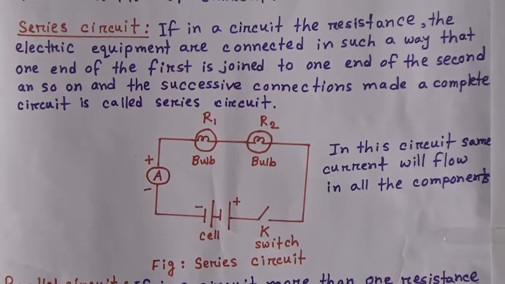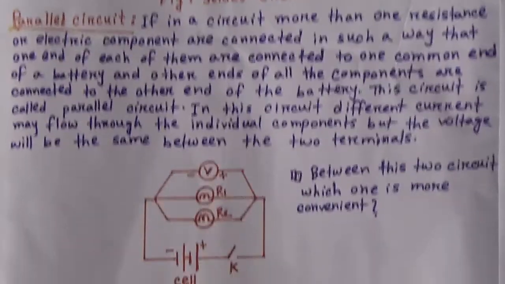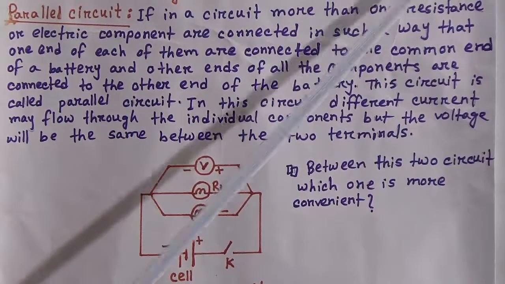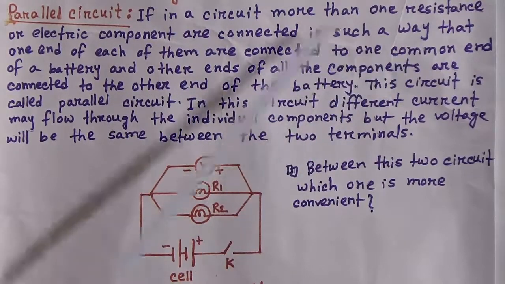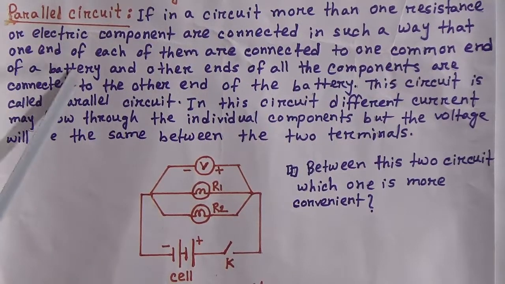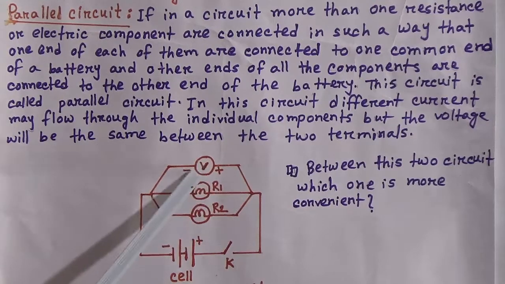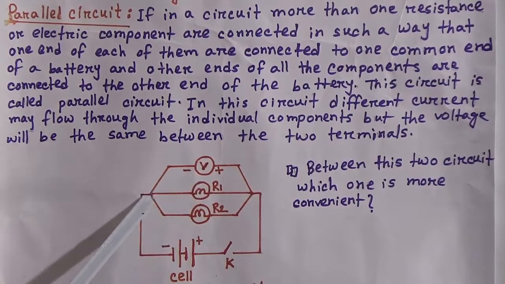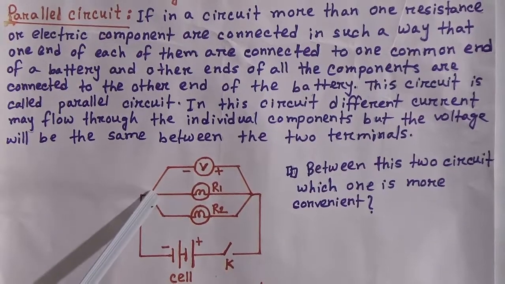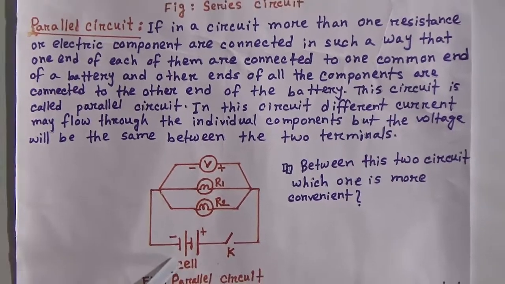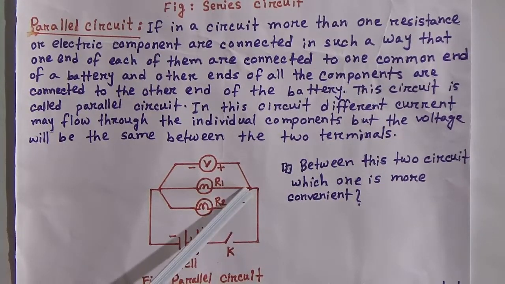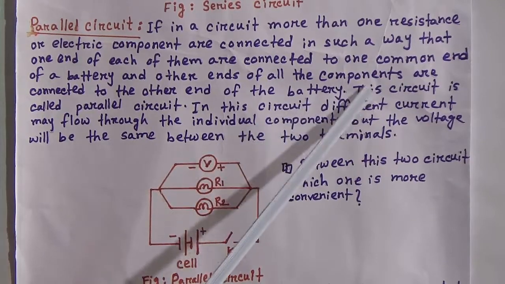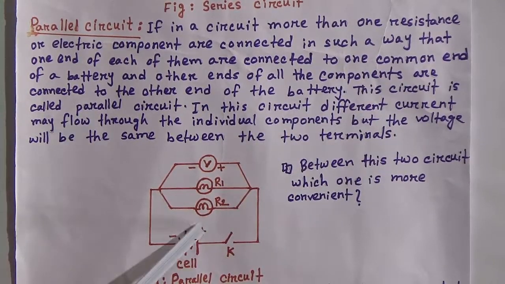Now, the parallel circuit. What is a parallel circuit? If in a circuit more than one resistance or electric equipment are connected in such a way that one end of each of them is connected to one common end of the battery, and the other ends of all the components are connected to the other end of the battery, this circuit is called a parallel circuit.